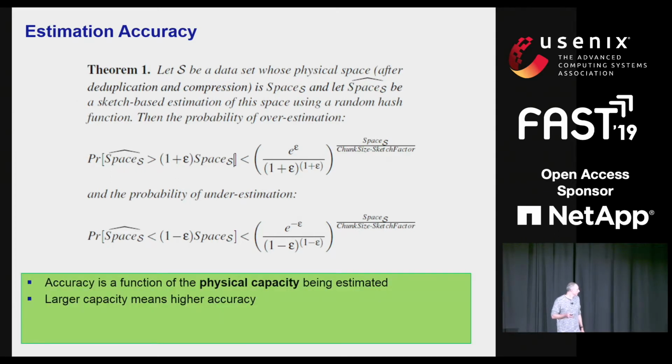I'll jump over that as well. Basically, the bottom line is this. The accuracy is a function, a complicated function, of the physical capacity we are trying to estimate. So if the physical capacity is large, we get better accuracy.